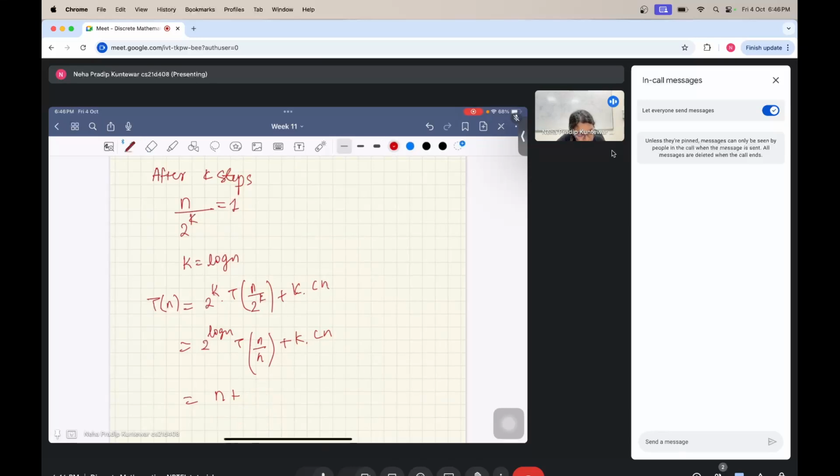So I'll substitute it here, C times log n times n. So this is order n log n.